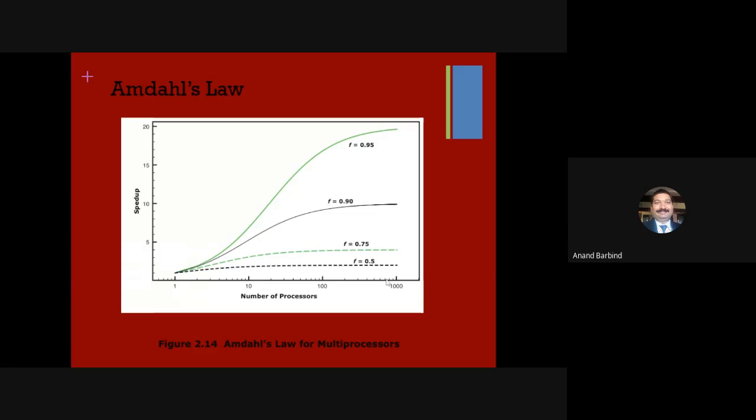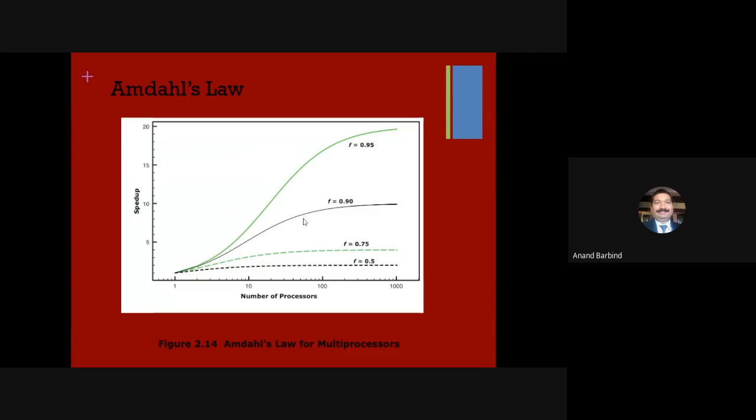Even if you are using 1000 processors, your speed will increase by 20. Even if you go for 5000 or 10,000, there won't be much increase in the speed. That means just increasing the number of processors will not increase the speed.